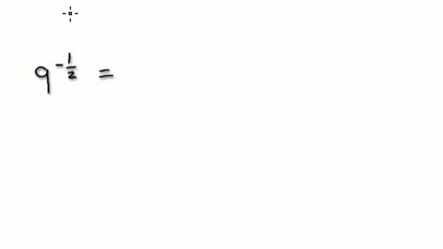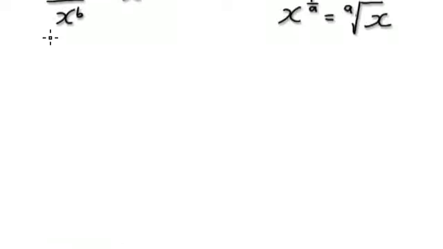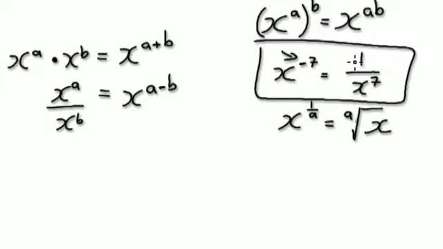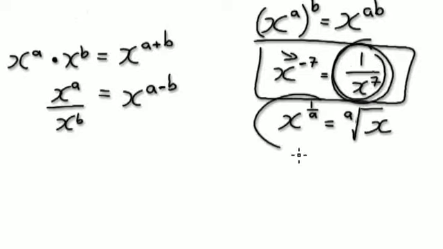Okay, so next one here. Press pause and have a go. I will give you a clue on this one. Whenever you see a minus to the power of minus, you're probably going to have to visualize something like this. And then it was a minus combined with a power of a fraction here.